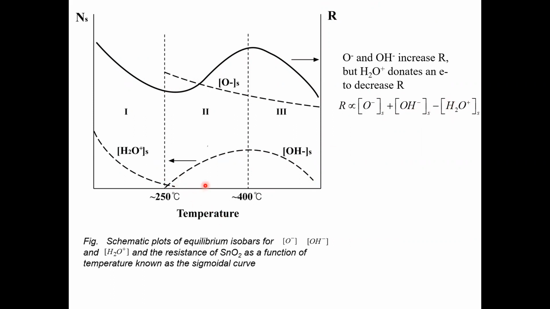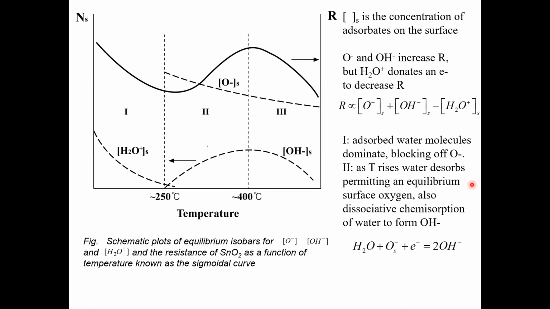So you can see the decrease of resistance here, dominated by absorption of water, and then this increase in resistance dominated by this species. But then when you go beyond that temperature, this species will start dissolving, and the resistance will follow the same behavior.